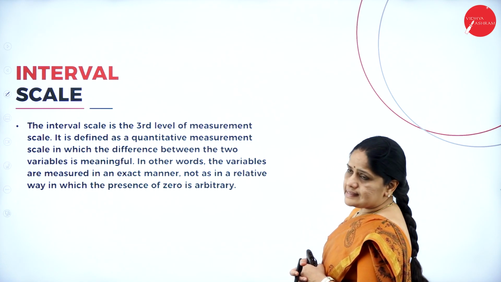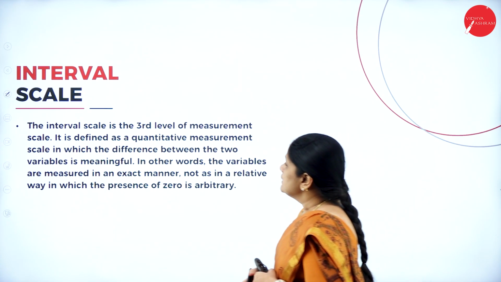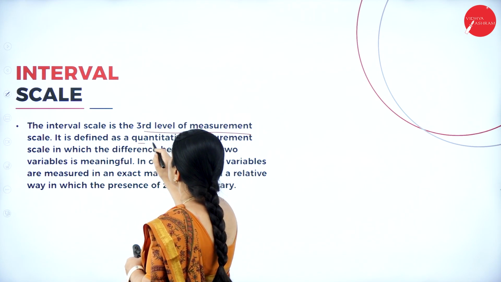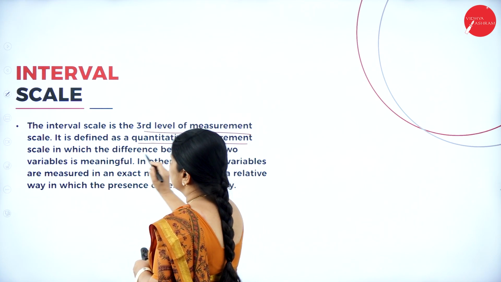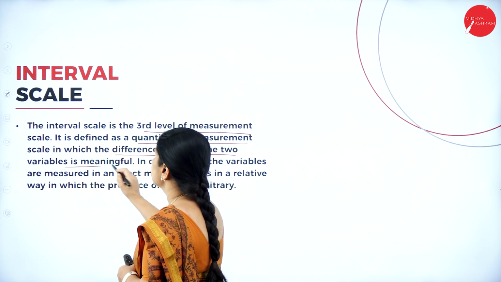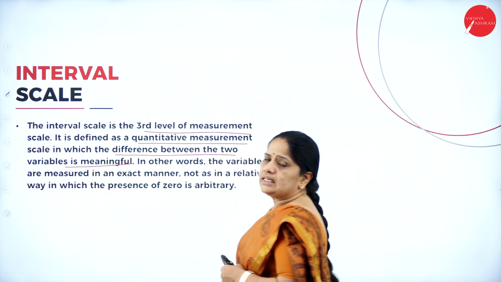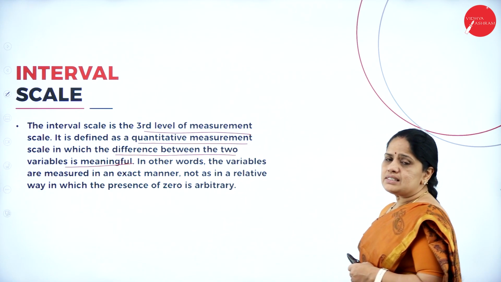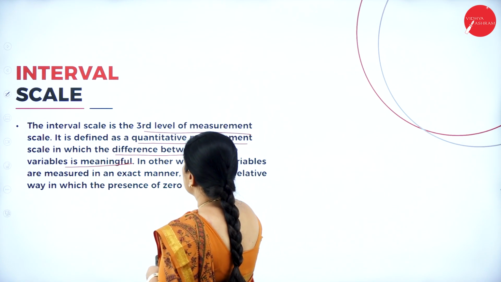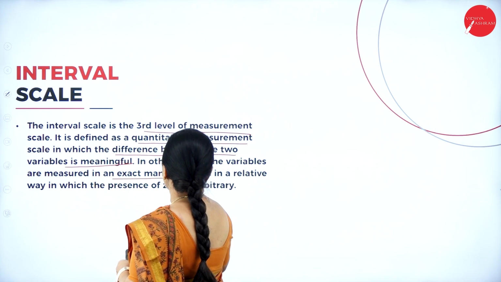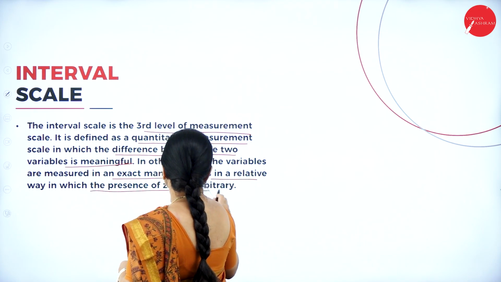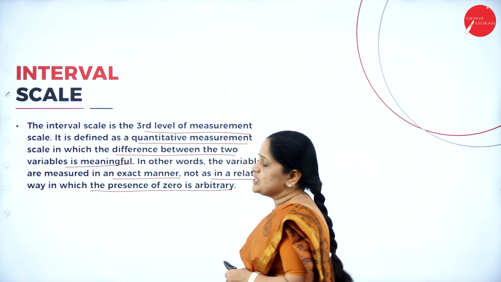The next one is the interval scale. The interval scale is the third level of measurement. It is defined as a quantitative measurement scale in which the difference between the 2 variables is meaningful. In other words, the variables are measured in an exact manner, not in a relative way, and the presence of 0 is arbitrary.